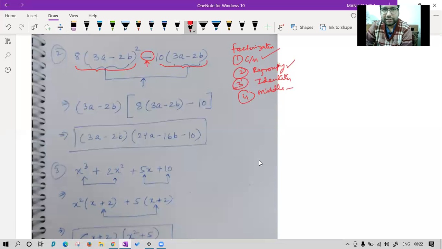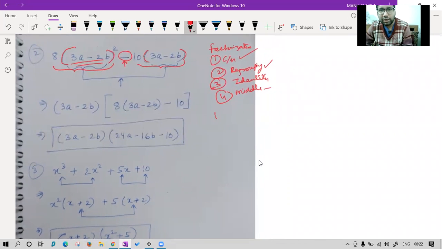Now see, in this case, if we observe, 3a minus 2b is a complete term. Those who have doubts can assume this as x. Those who want to make it easy can assume, let 3a minus 2b be equal to x.